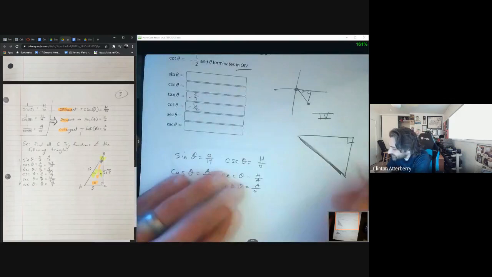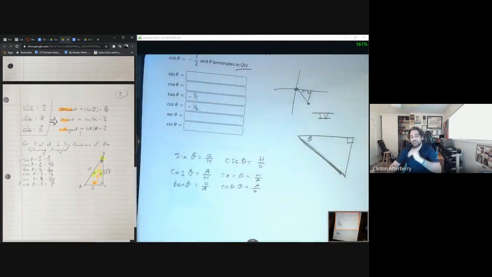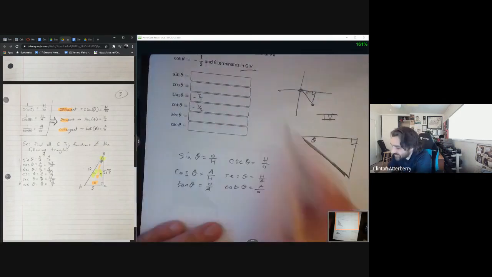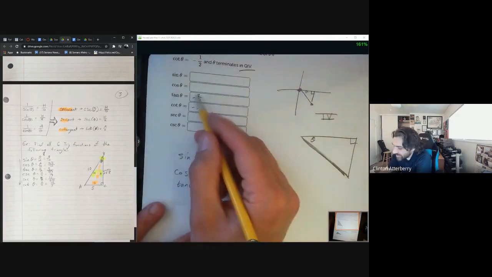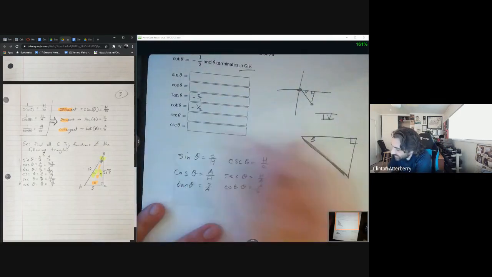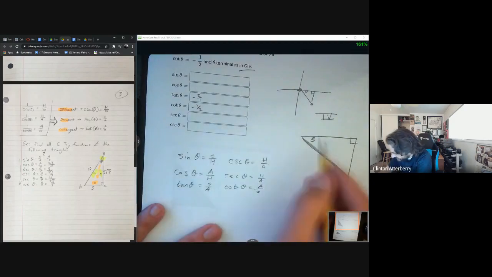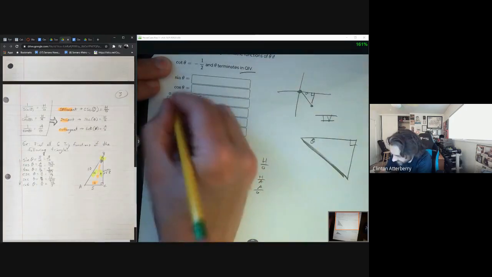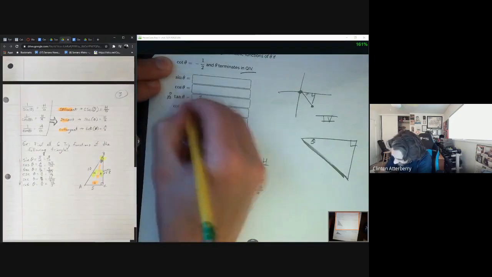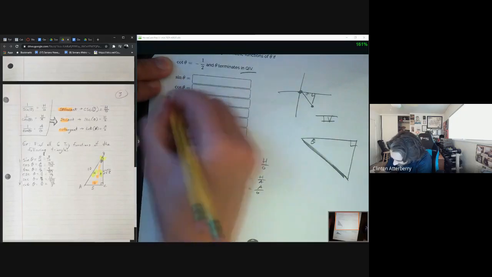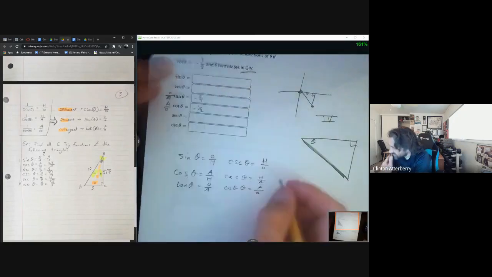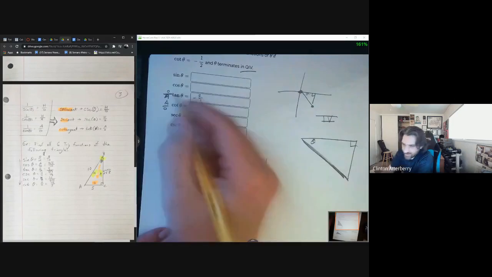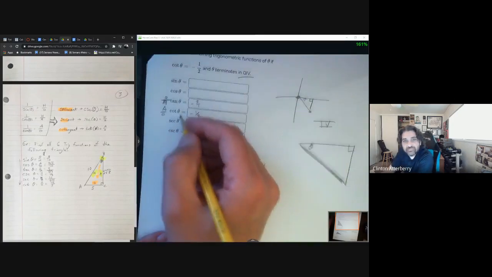So the tangent, which we just figured out, is -2/1. They gave us the cotangent, which is adjacent over opposite. Sorry, I like just referring back to tangent, not cotangent.